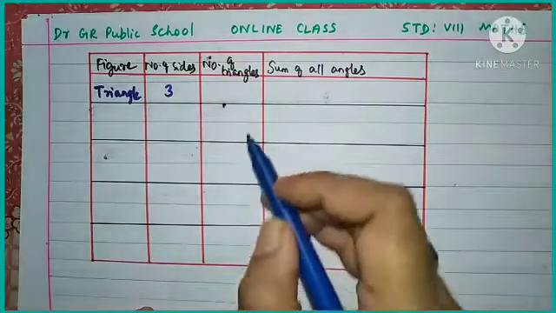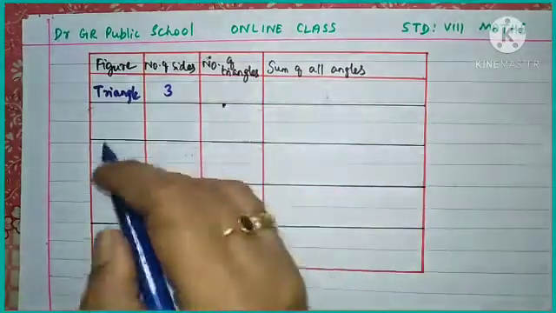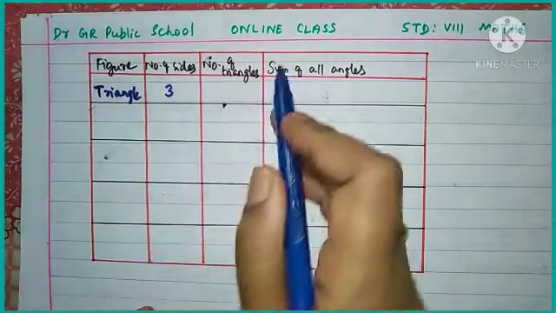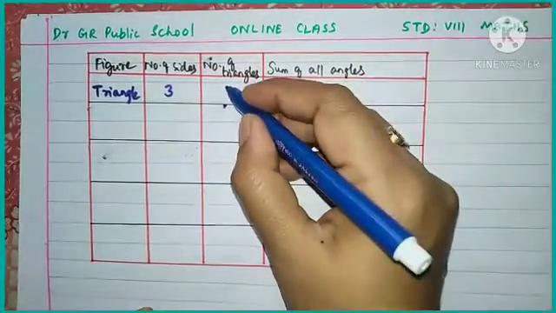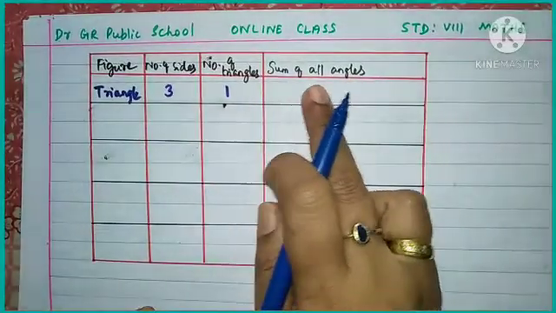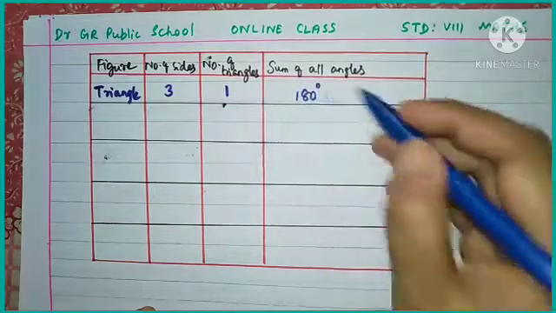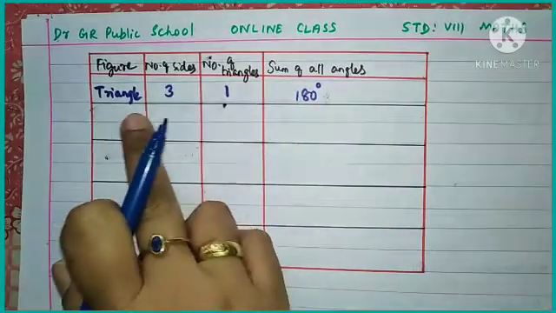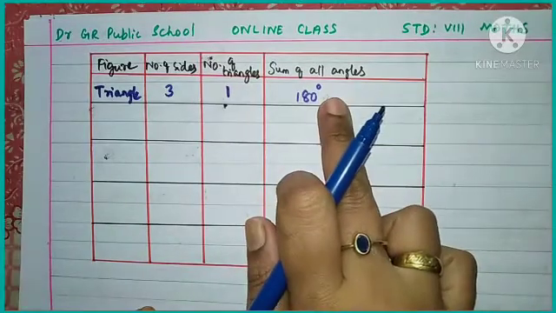And the number of triangles is only one triangle. Okay, 1. And the sum of all angles of a triangle, what do we know? It is 180 degrees. Understand? So the sum of all the angles of a triangle is 180 degrees.